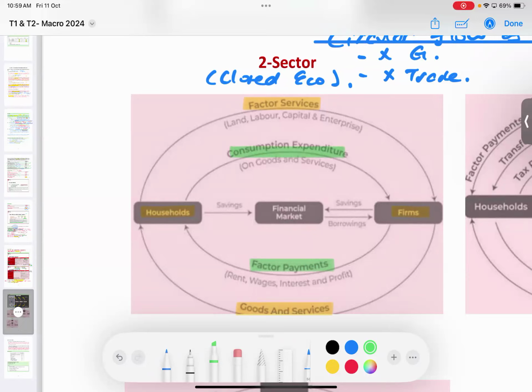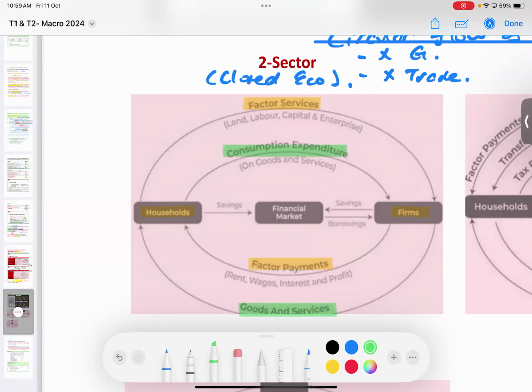So household provides factor services, therefore they earn income, they earn factor payments. Once they get money, they can spend on goods and services because firms produce all these goods and services for them.